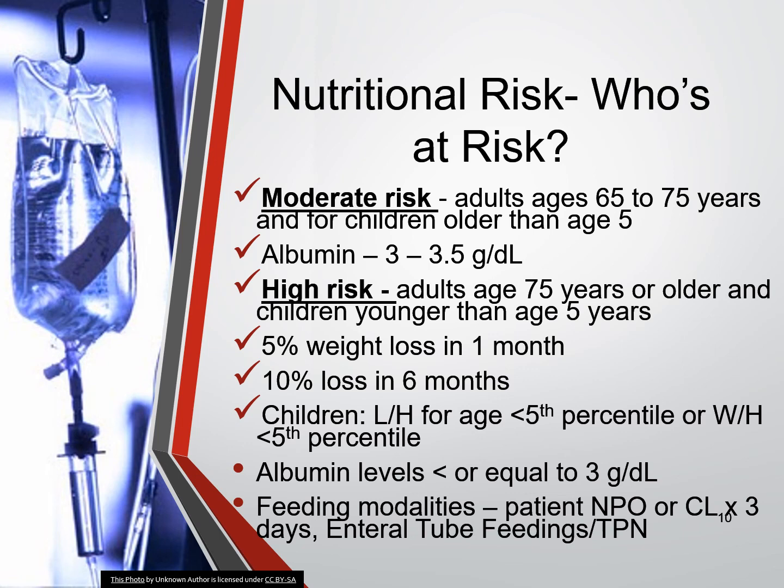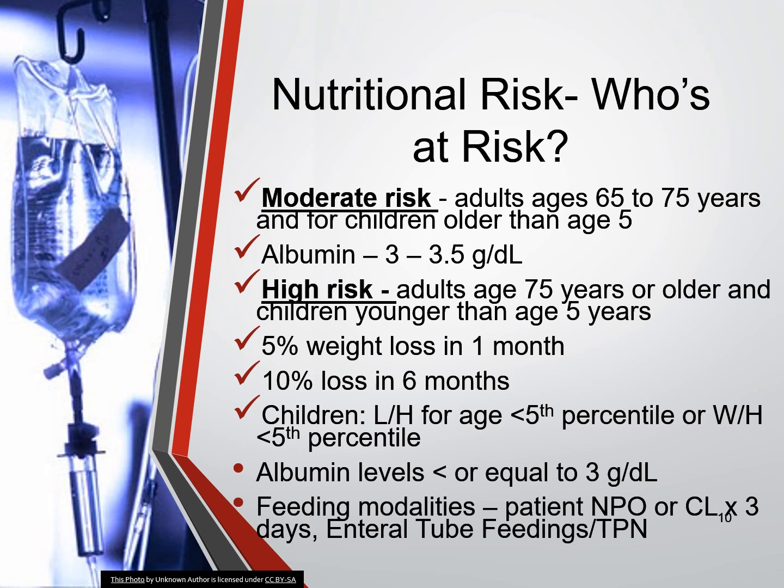High risk are adults ages 75 and older, and children younger than 5 years of age. We also have other parameters, which include 5% weight loss in a month or 10% weight loss in 6 months, and albumin levels less than or equal to 3.